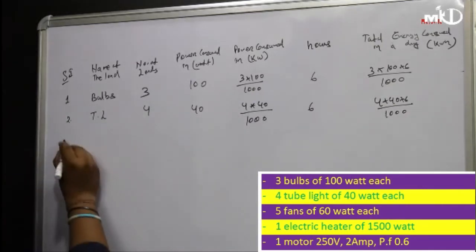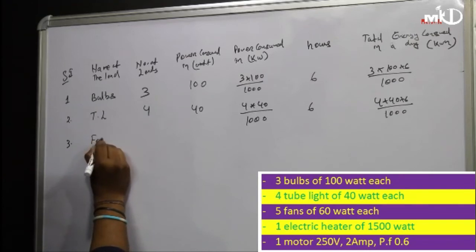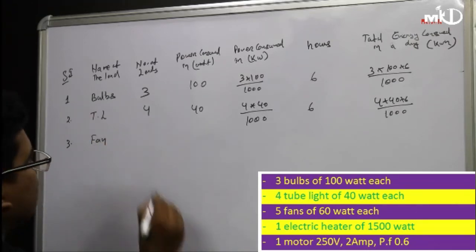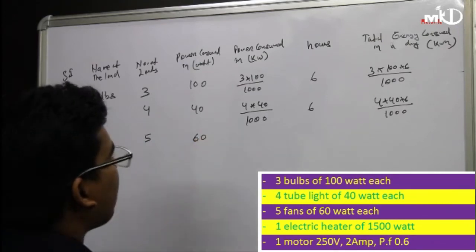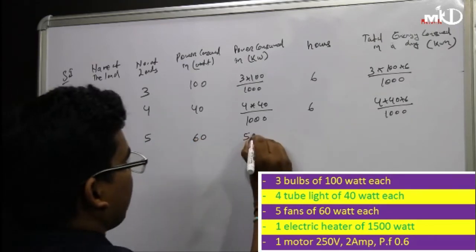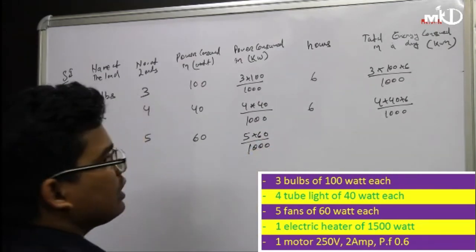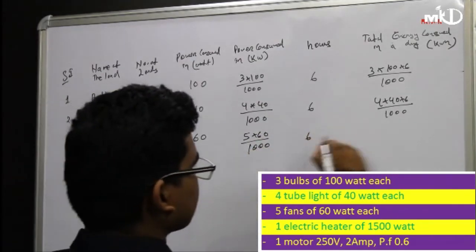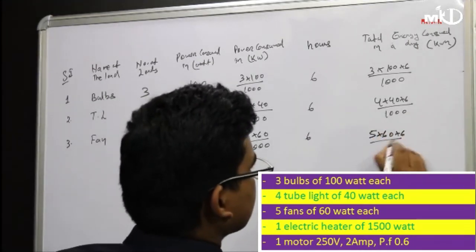Then number 3 is fans. Number of fans is 5, each of 60 watt. Power consumed is. Working hour is 6. So 5 into 60 into 6 divided by 1000.